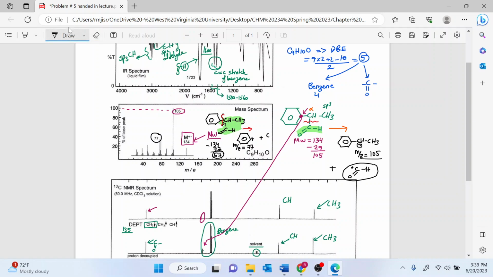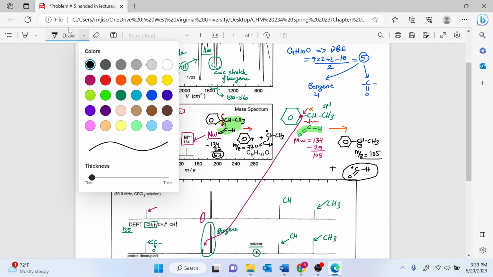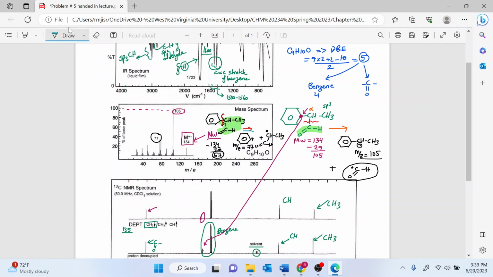Again, you don't have to write it, but I'm just going to go ahead and write it down. So this is going to be my carbonyl, my hydrogen, and the radical in there. So these are the two fragments that you are going to get. You are going to get the 77 m over z, and you are going to get the m over z 105.